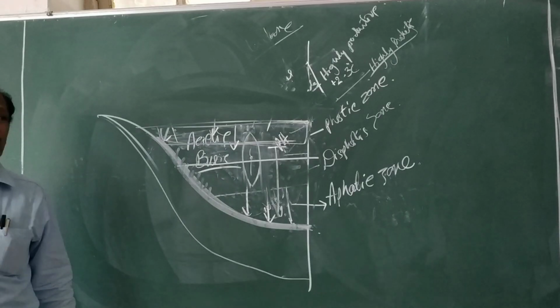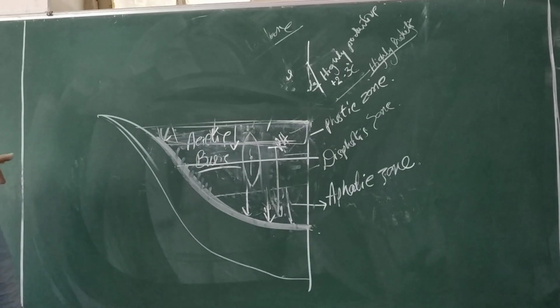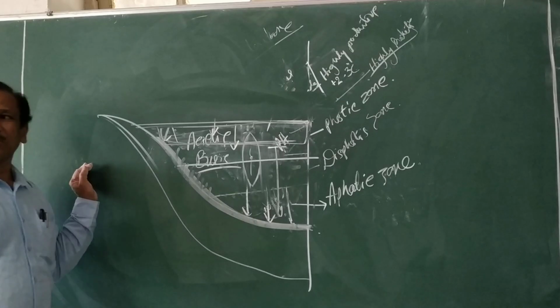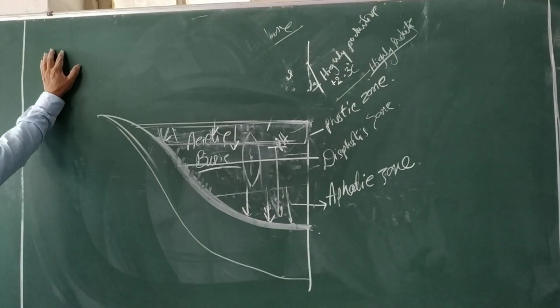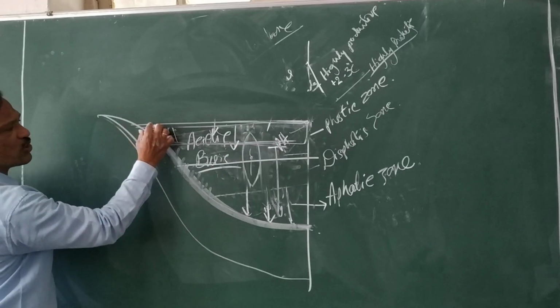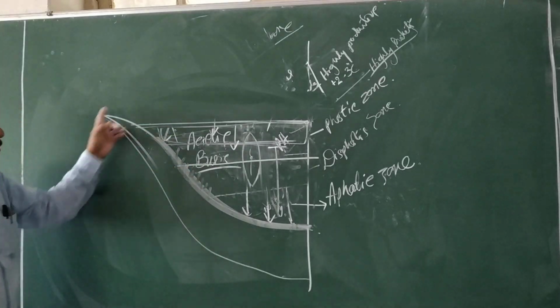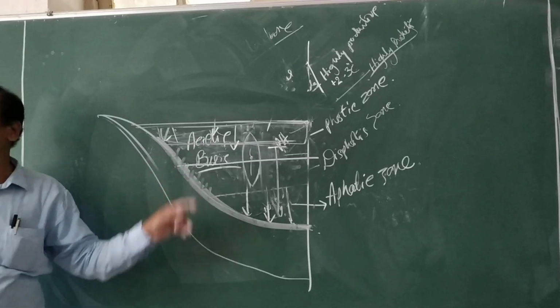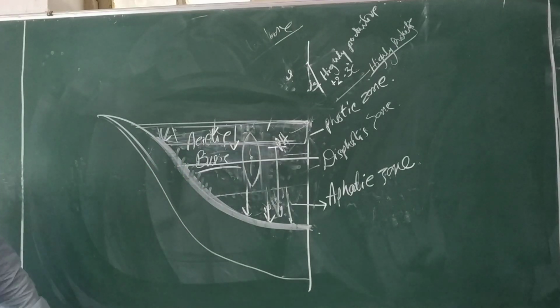And in your practicals, you are going to see only 2 or 3 examples of these macrophytes. And these plants can be clearly observed with the naked eye. And these plants occur in various zones here. Up to the middle portion of this biotic zone, we can see the existence of these macrophytes.